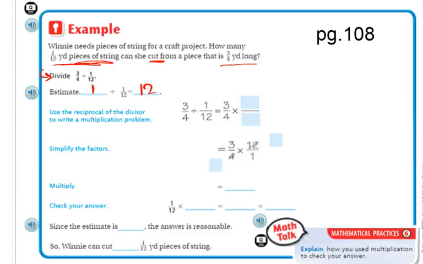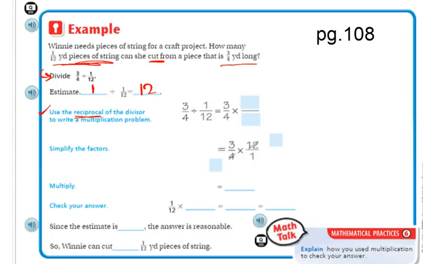All right, we're now going to take the problem here. 3/4 divided by 1/12 equals, and we're going to follow this little key here. And it says use the reciprocal of the divisor to write a multiplication problem. Well, a reciprocal, which is a key piece of vocabulary here, located at the top of page 108, is when you take a fraction and flip the denominator with the numerator.